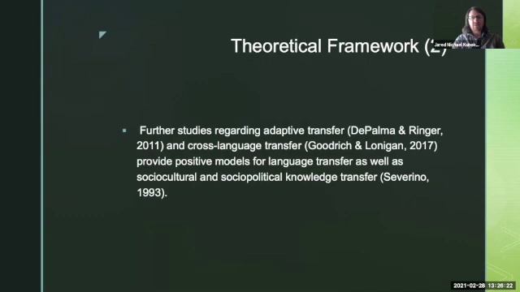Of course, De Palma and Ringer's theory of adaptive transfer, which was published in the Journal of Second Language Writing, 2011, and cross-language transfer as well, and providing positive models for language transfer, as well as sociocultural and socio-political knowledge transfer. So language transfer in a positive way is often seen in a negative light.